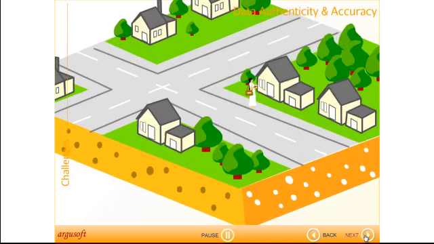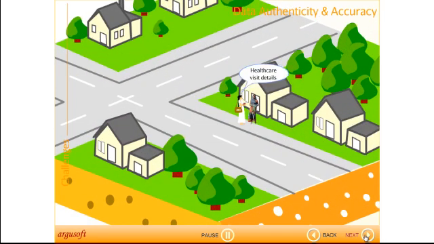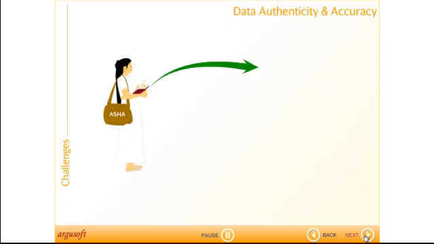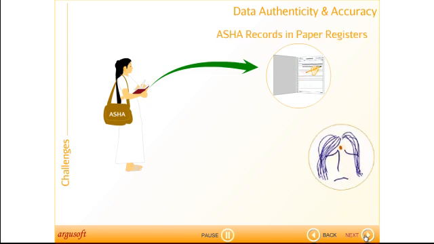In most of the public health intervention programs, especially in the rural areas, a health worker visits a beneficiary's home, provides health services, and then records the visit and health details of the beneficiary in her diary or some loose slips of paper. Once she has completed the tasks for the day, she fills the details that she has collected into statutory registers.